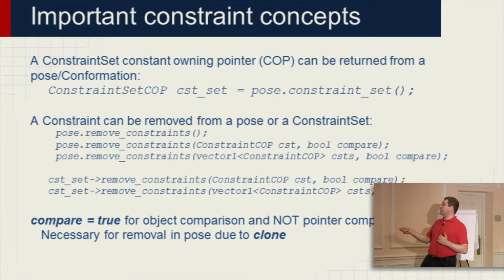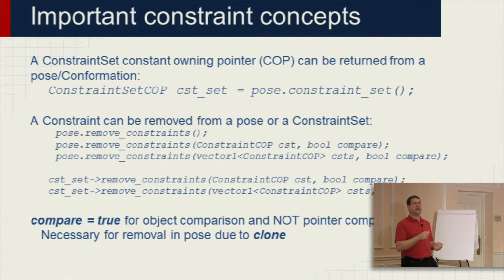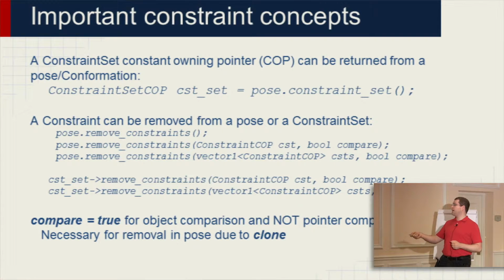So you can get a constraint set owning pointer from the pose to see what sort of constraints are in a particular pose. And you can also remove a constraint from a pose, and there's a number of different functions to remove that. There's a distinction between object identity and value identity. If you set compare equals to true, you'll look at value identity.